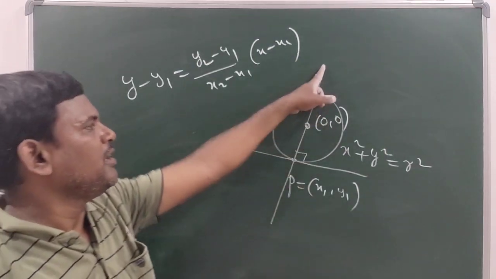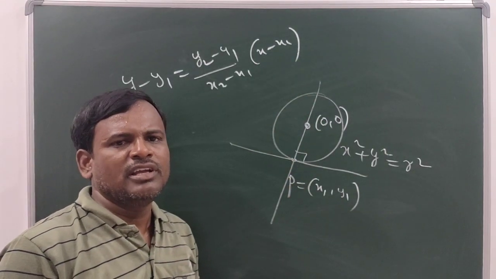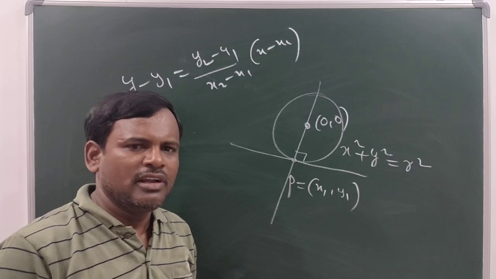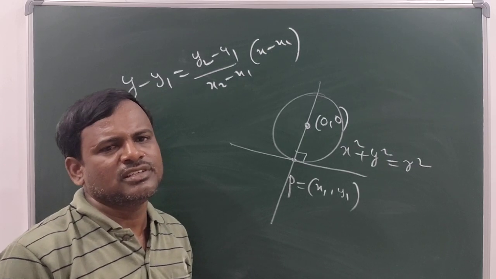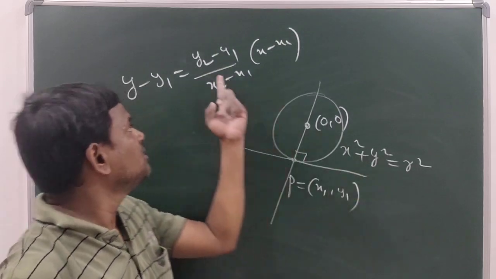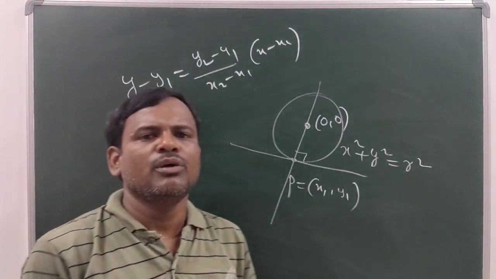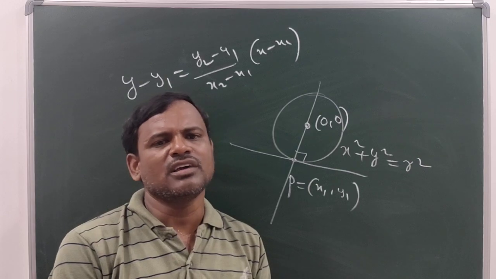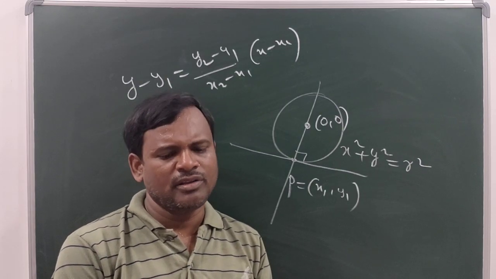Use this formula and determine the equation of normal in Cartesian form as well as parametric form. In the parametric form, in the place of x1, y1, you have to write r cos theta, r sin theta. Okay?